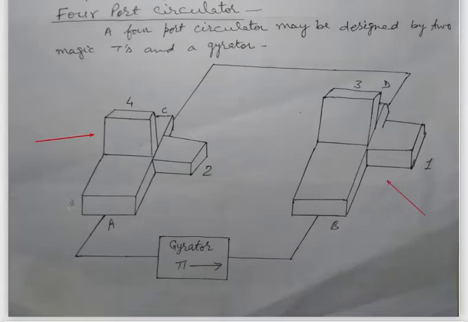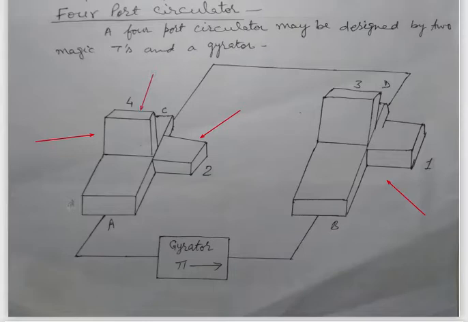The magic tee, or hybrid junction, is comprised of one E plane T and one H plane T. So this is the H plane T and this is the E plane T. It is the characteristic of the magic tee that any wave incident in port 2 will be split into equal waves that will emerge from the sides named A and C, and these two are in the same phase and of the same amplitude.